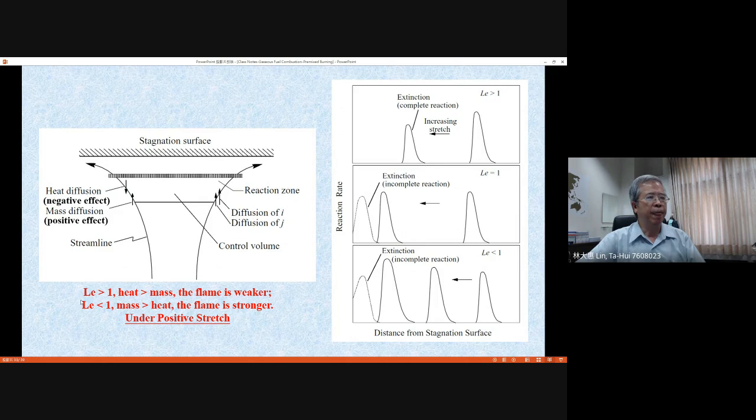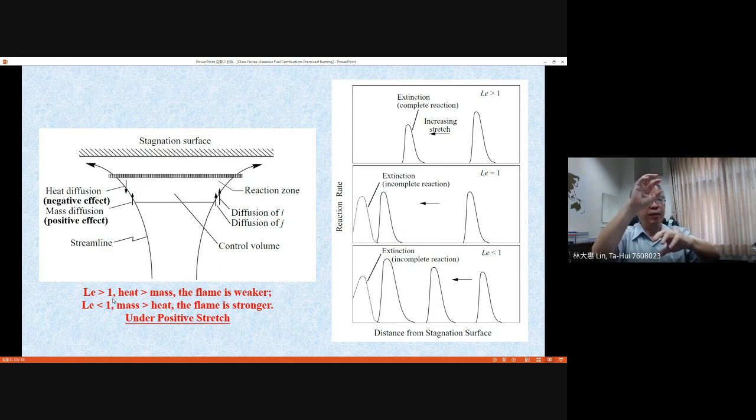For example, if you look at Lewis number bigger than 1, remember Lewis number is equal to heat diffusion divided by mass diffusion. In this case, Lewis number bigger than 1 means the influence coming from the heat is stronger than from the mass, right? Unfortunately, here the heat diffusion is a negative effect and the mass diffusion is a positive effect.